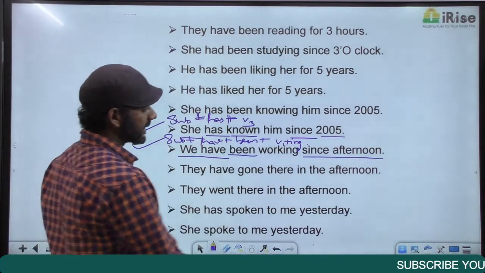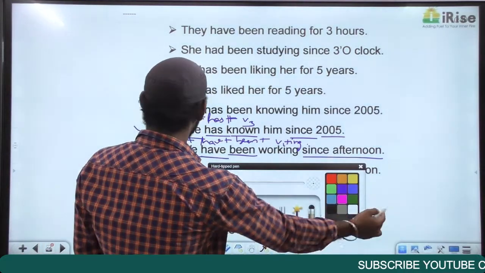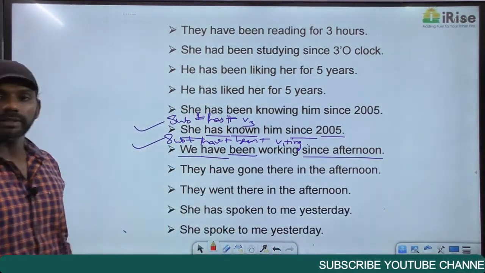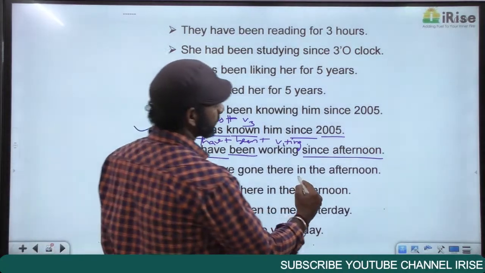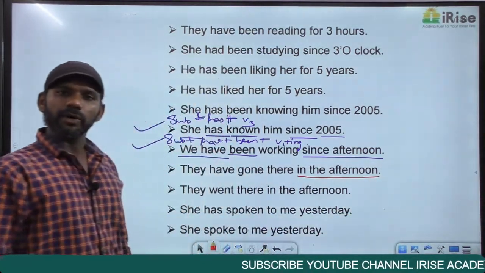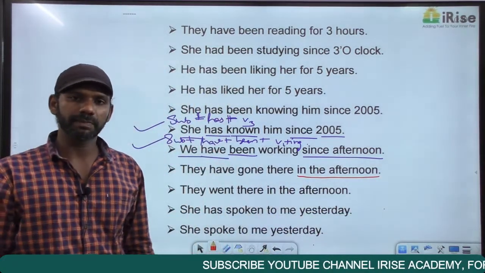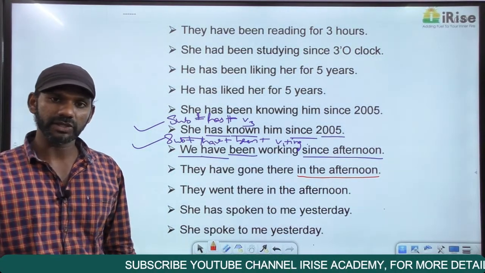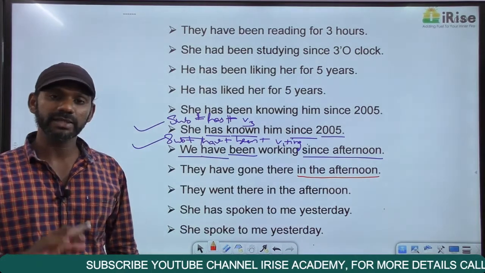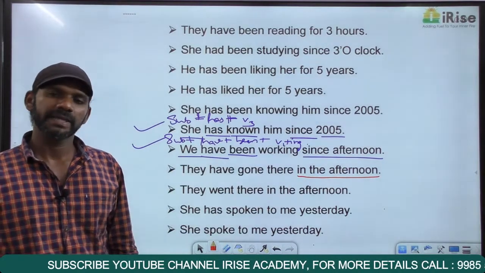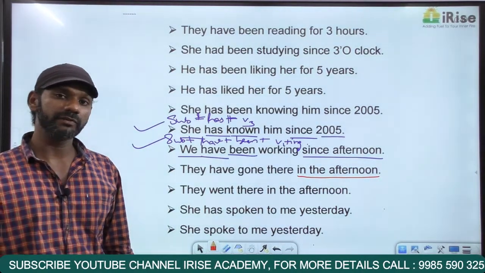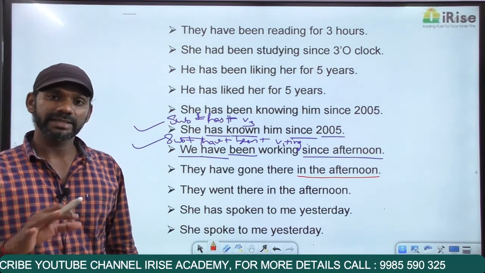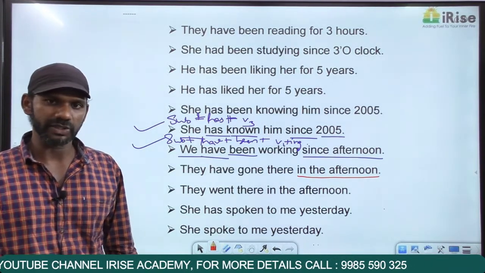Come to the next statement. They have gone there in the afternoon. Now I told you about the usage of simple past and present perfect. Simple past is used to refer to a past action when the time of the action is mentioned. Present perfect is used to refer to a past action when the time of the action is not mentioned.